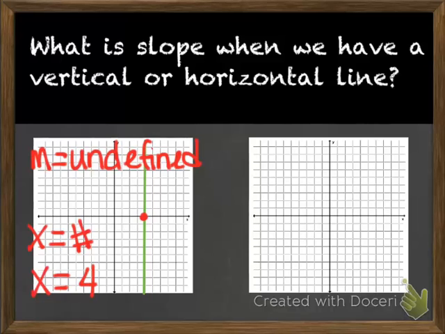If I have a horizontal line, I have a slope of 0, which is y equals a number. In this case, let's find where it crosses the y, and this is y equals -4.